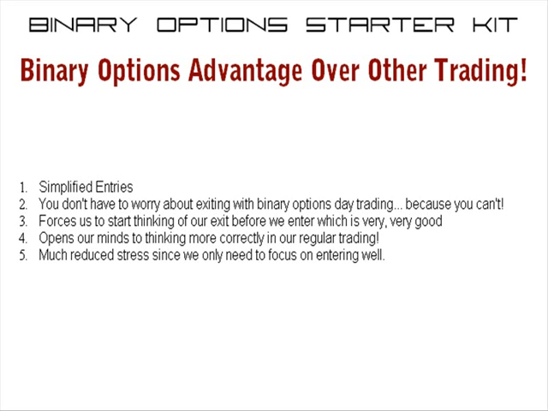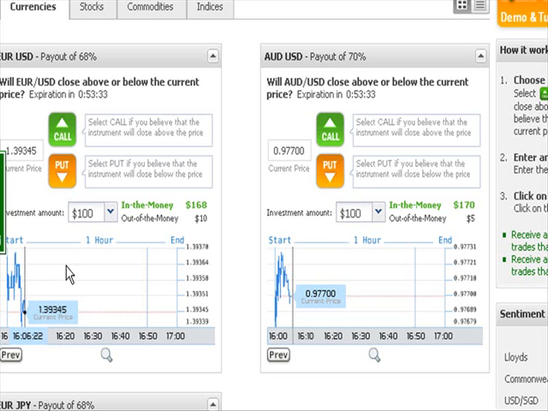As we touched upon in the previous video, the entries are much simplified. All we have to do is pick a position size, hit the call or put button, and then bam, we pick our entry.